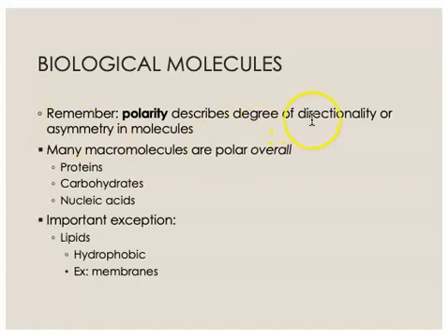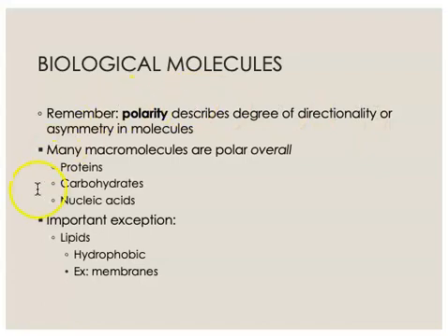We often describe polarity also as being directionality. All that word means is that inside of a molecule, different regions behave differently. They look different, they behave different because of those partial charges.